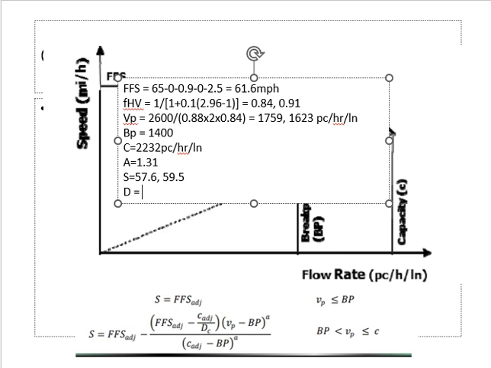You have to make sure that this speed came from this flow rate. You use this flow rate in this equation and you got this value. So density would be this value upon this speed. Don't mix them. How much? 30.5. And the other one?